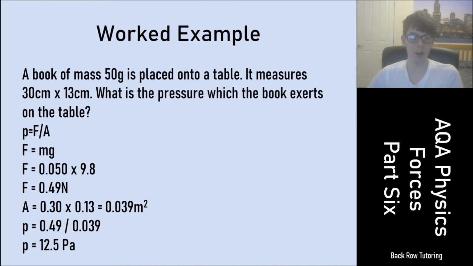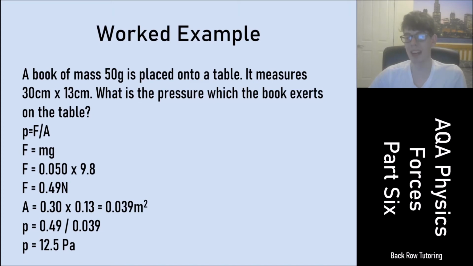So we can work out the force which the book exerts on the table by multiplying the book's mass, which is 50 grams, or 0.05 kilograms, multiplied by gravity, 9.8. When you do this, you get a force of 0.49 newtons. So we know that the book exerts a force of 0.49 newtons on the table.